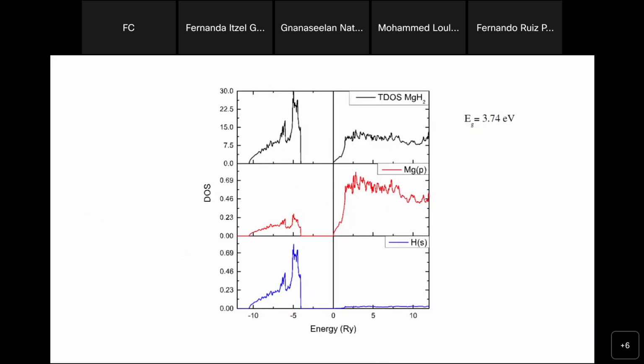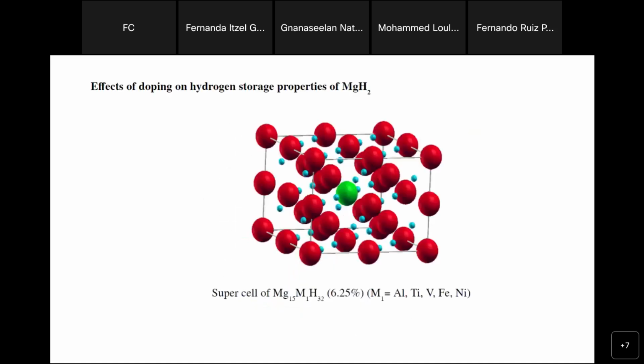And from the partial density of states, we can see that there is a strong hybridization between the s orbital of hydrogen and the p orbitals of magnesium. So in order to reduce the stability of the magnesium hydride, one has to reduce such strong hybridization. Next slide, please.